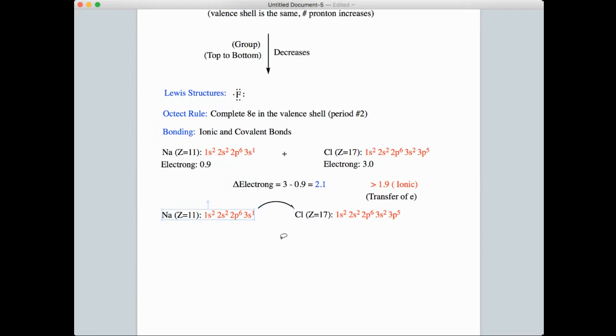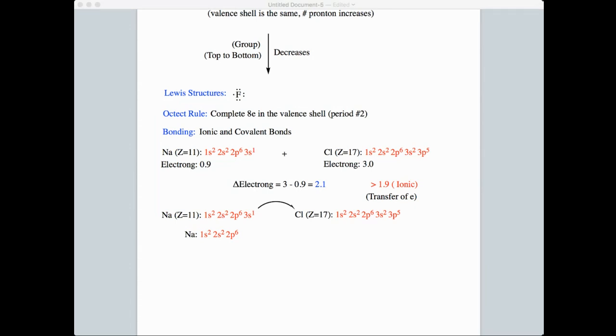So now, if sodium loses one electron, then the electronic distribution now will be this. What's going to happen with the sodium atom? If the electronic distribution is now 1s2, 2s2, and 2p6, did something change?